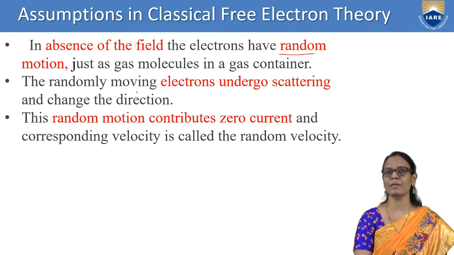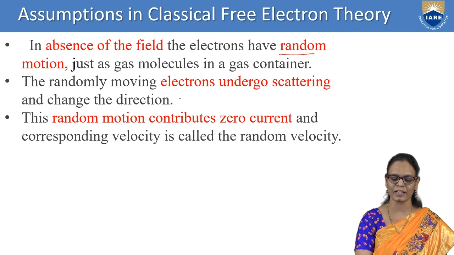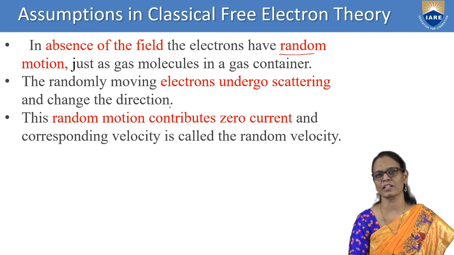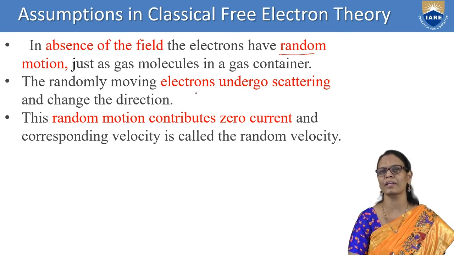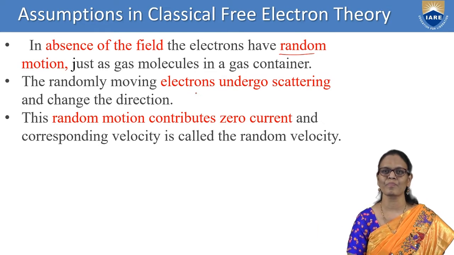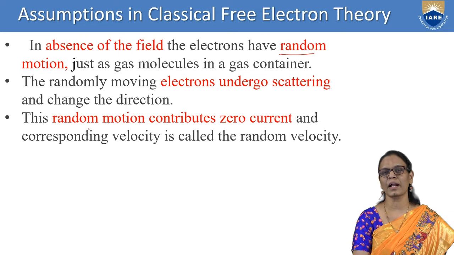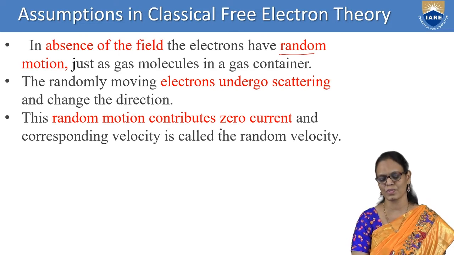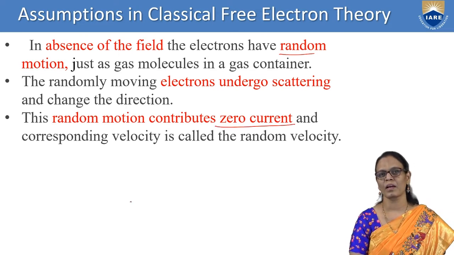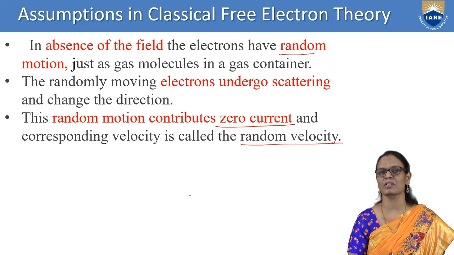These randomly moving electrons undergo scattering and they change direction. Scattering means once they collide with other particles, they scatter away and change direction. This random motion contributes to zero current, and this velocity we call random velocity.